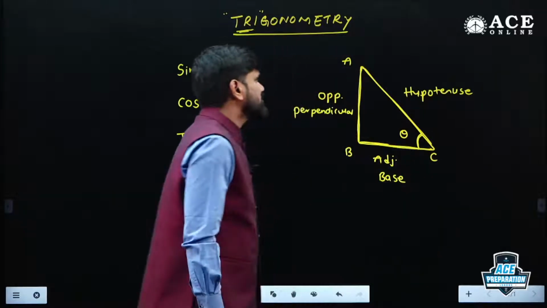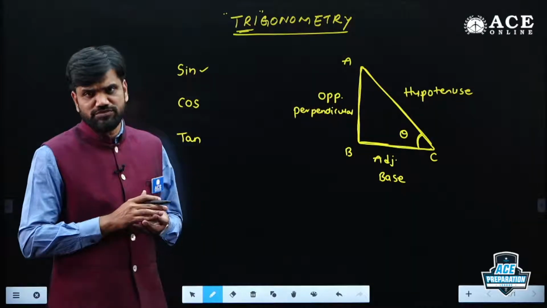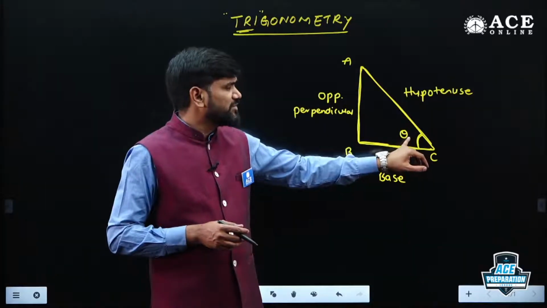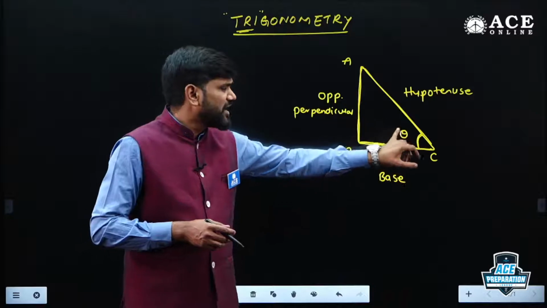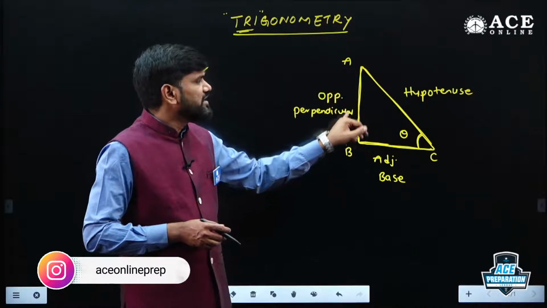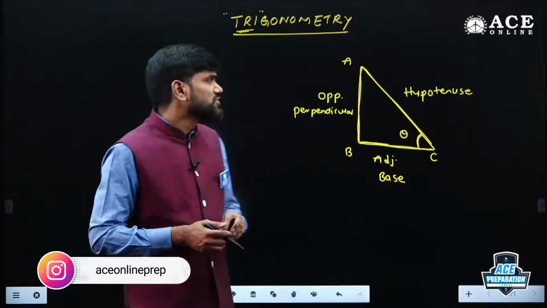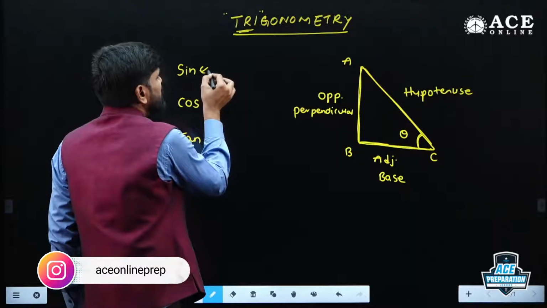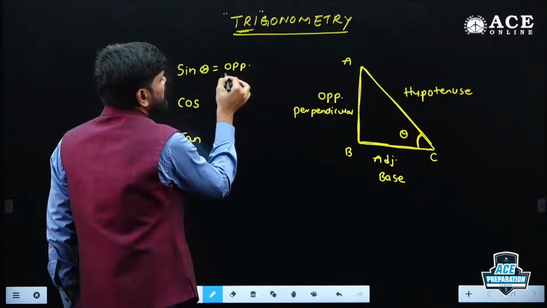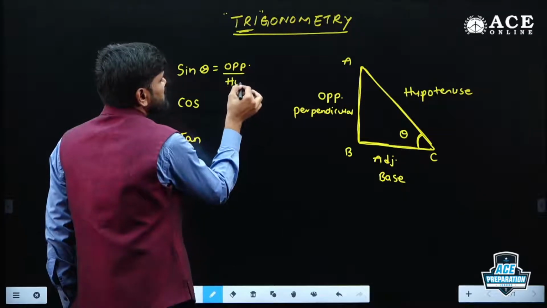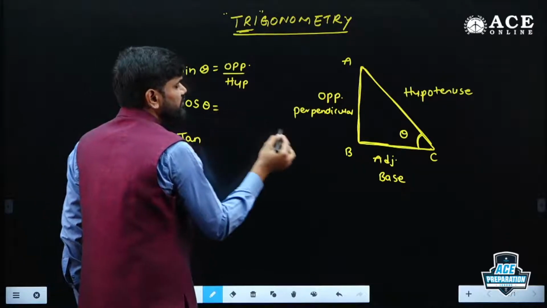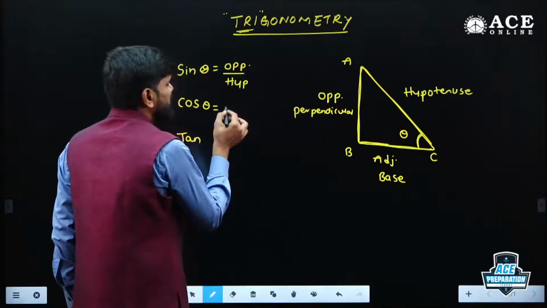While defining the trigonometric ratios, sine of an angle is equal to the ratio between the opposite side and the hypotenuse. So sine of an angle is equal to opposite side by hypotenuse. Similarly, cos of an angle is equal to adjacent side by hypotenuse.